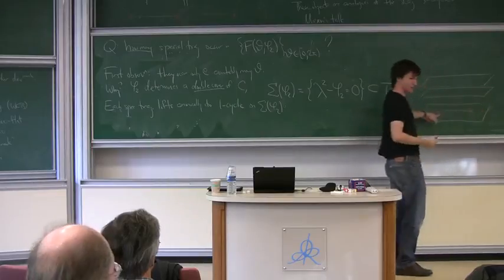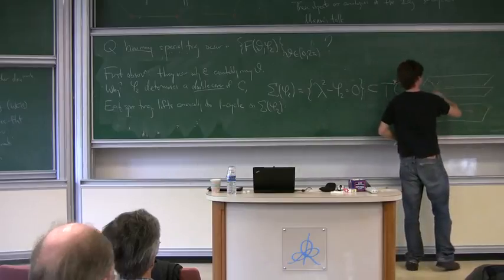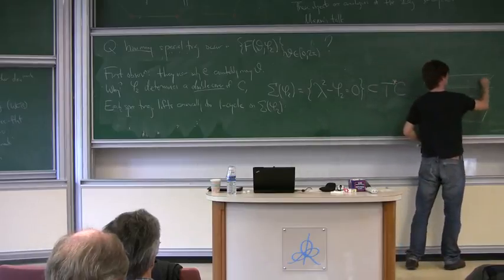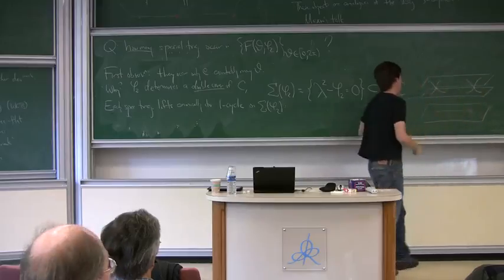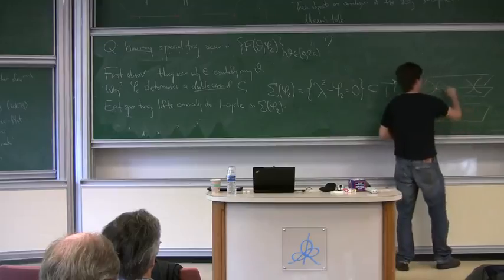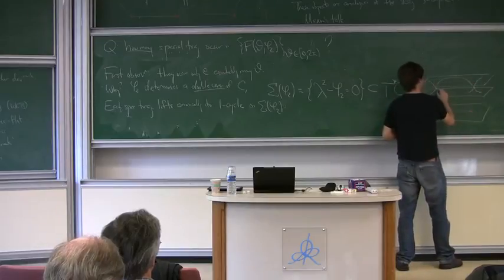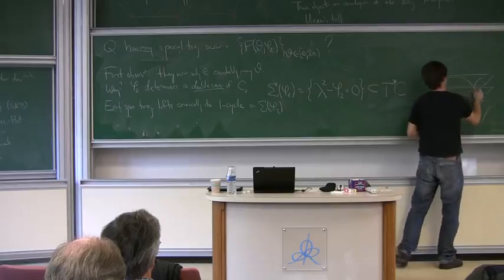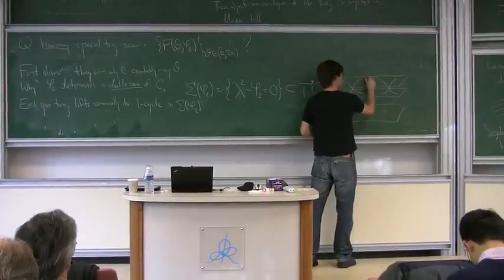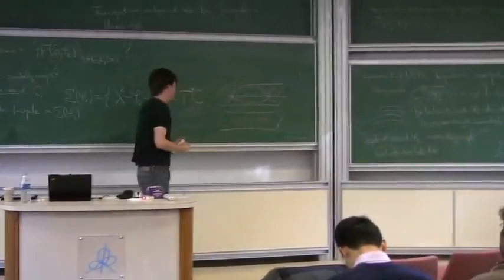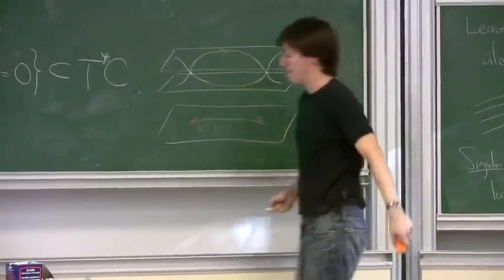But it's a branched double cover, and the branch locus is exactly the zeros of the quadratic differential. So I'll draw a picture. It looks like this. These are the pre-images of the branch points. And now I take this curve. If I lift it up, I just take the pre-image of that thing upstairs on sigma, but I'll take both of its pre-images, and I'll take them with opposite orientations. In fact, there's a way of canonically determining the orientation, but let me not get into it. I take them with opposite orientations, so then I get a closed curve up here.